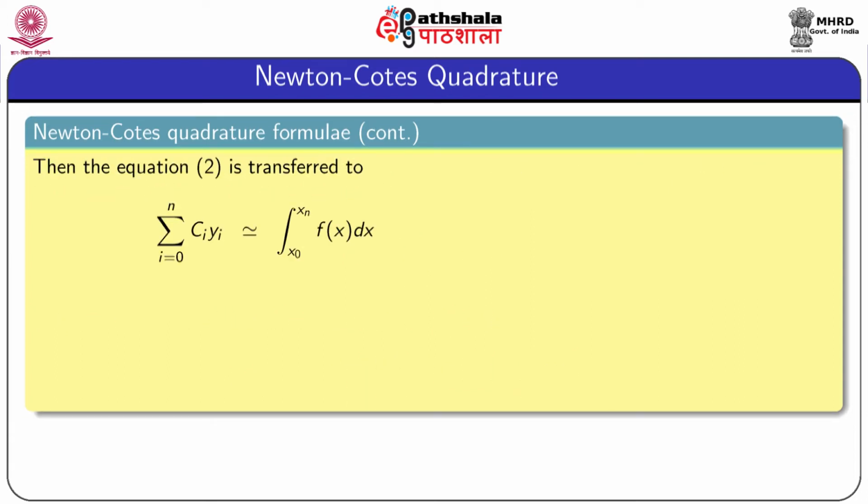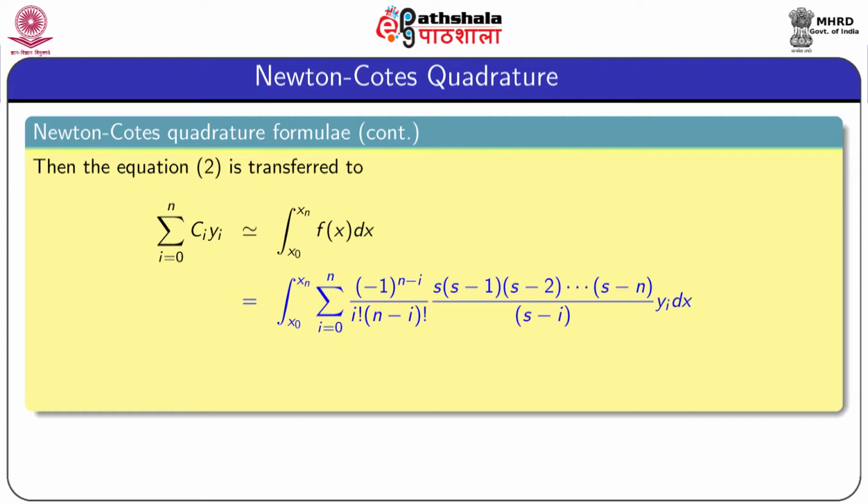Then equation 2 is transformed to the summation for i equal to 0 to n of ci yi, which is approximately equal to the integral from x0 to xn of f(x) dx. Now the given function f(x) is replaced by the Lagrangian polynomial, denoted by the summation for i equal to 0 to n of the corresponding polynomial.